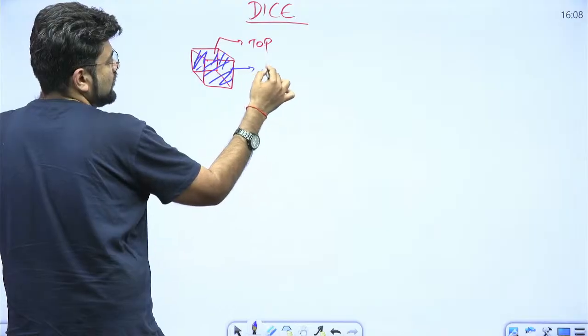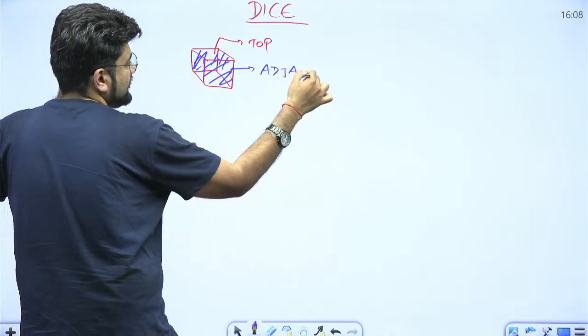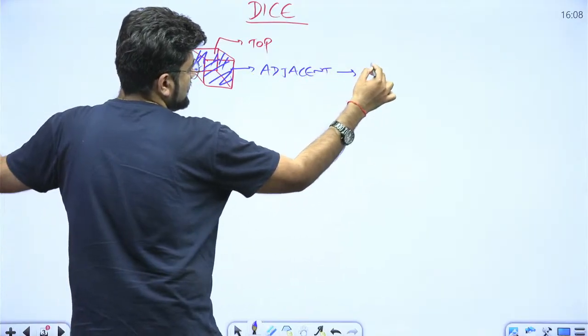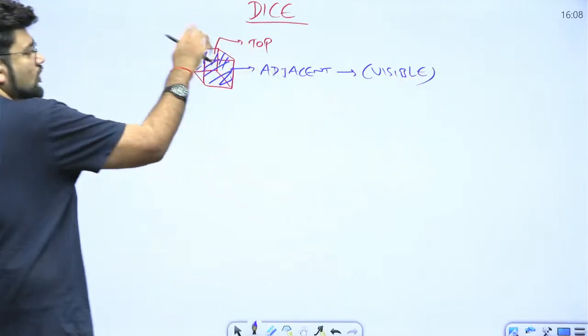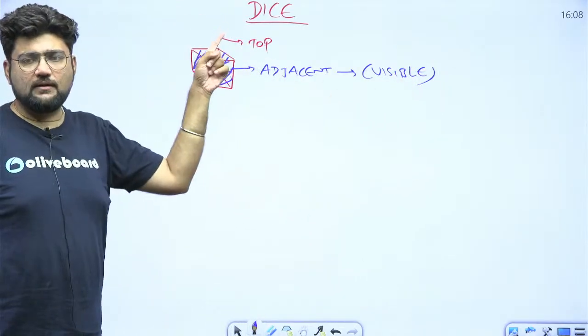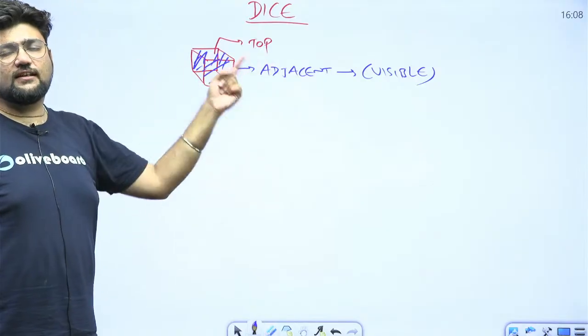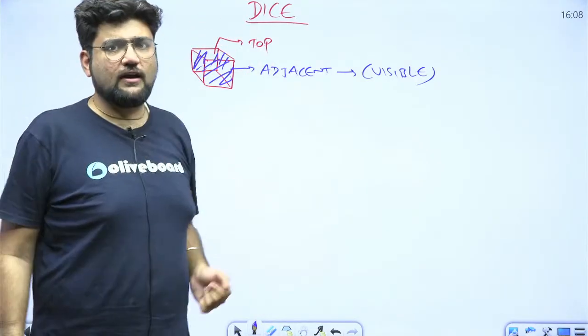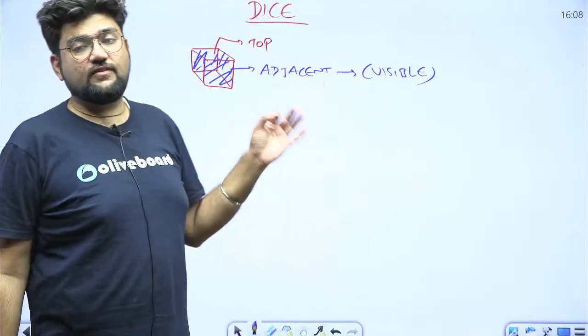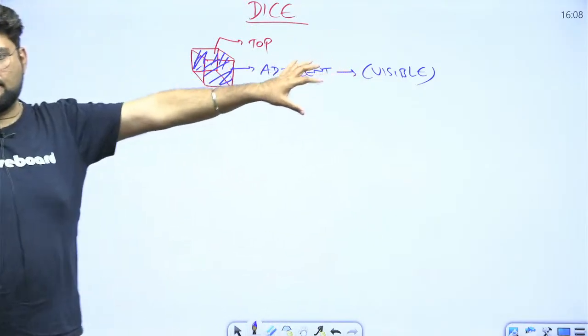So these faces are known as adjacent faces. Adjacent means they are visible with the top face. If one face is at the top, the other 4 faces which are visible with the top face just by a little twist of your head and palm are known as adjacent faces, and adjacent faces are those which are visible.